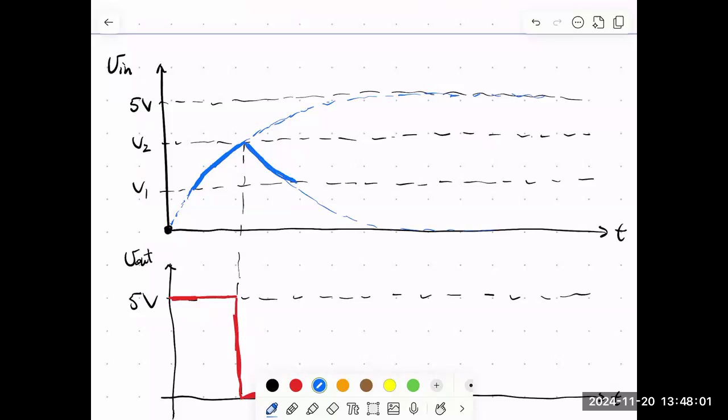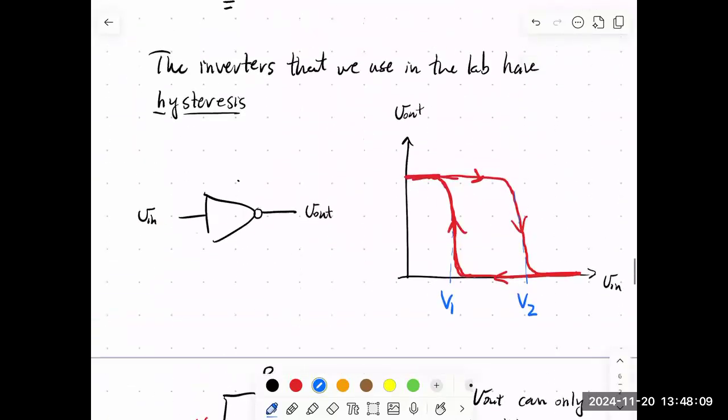but the discharge is going to be cut off. Why is it going to be cut off? What's going to happen when we reach V1? What's the output going to do? It's going to go back to high, right? So our V in starts at V2, it's discharging, it reaches V1, and the output's going to go back to high.